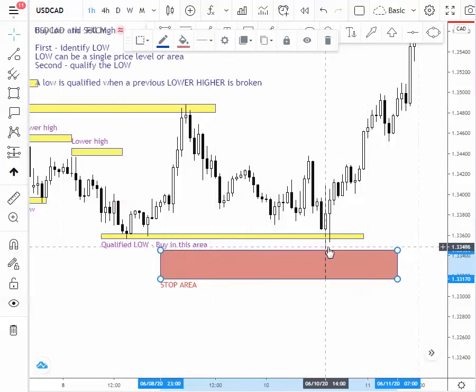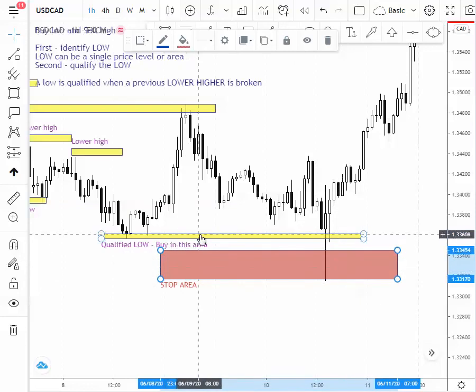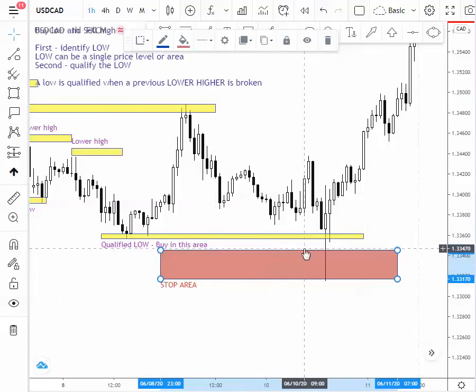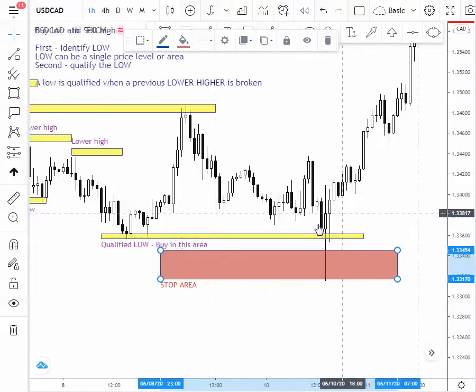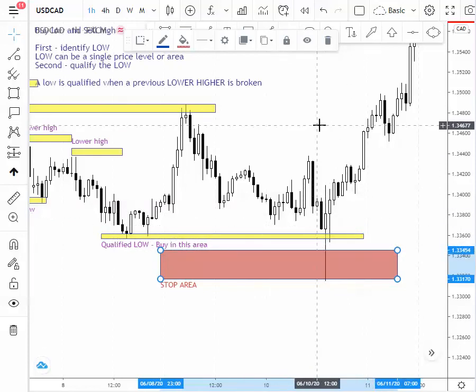But I need to let the bar close. It's only 1 hour. Let it close, and then if it closes down here, I could get out right on the open of the next bar, or I could try to be optimal and get out somewhere in here. But the point is, the setup has been violated. If price had closed down here, I need to get out, and I need to minimize the loss and free up my capital so I'm ready to go again.